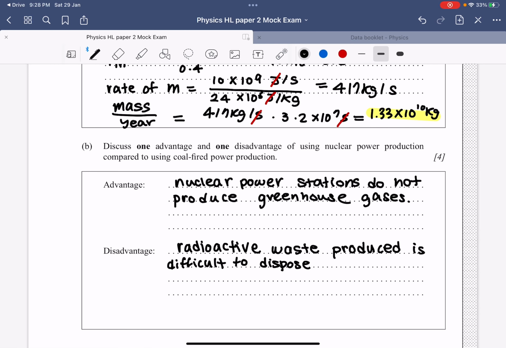Technically, we can say it cannot be disposed of. It's almost impossible to dispose of radioactive waste.